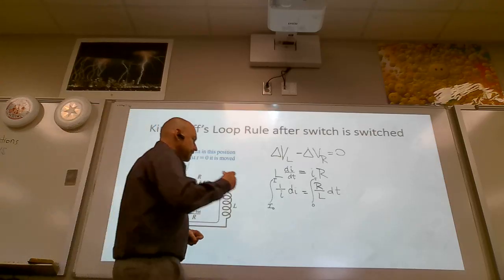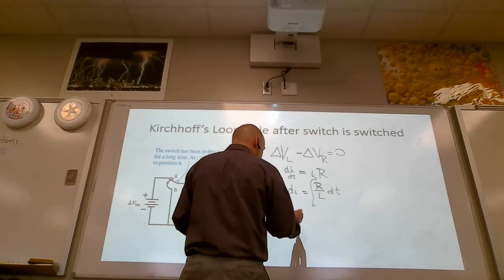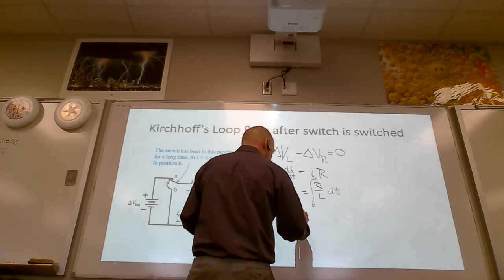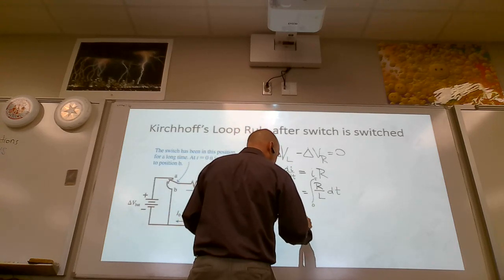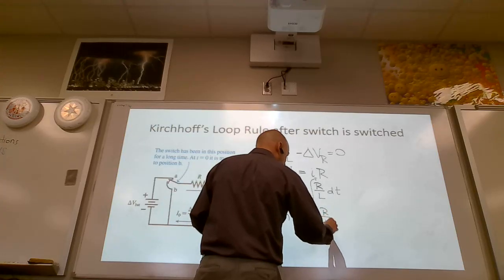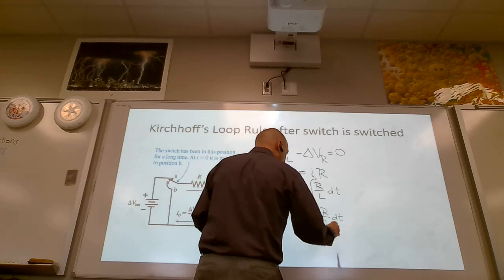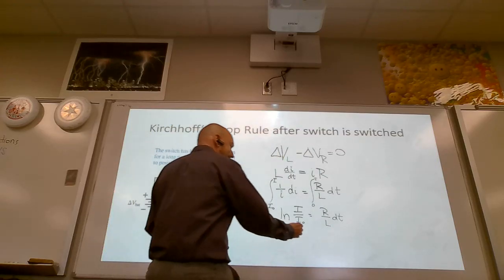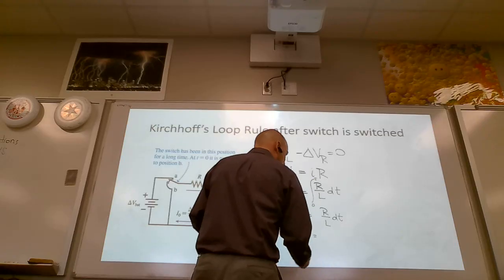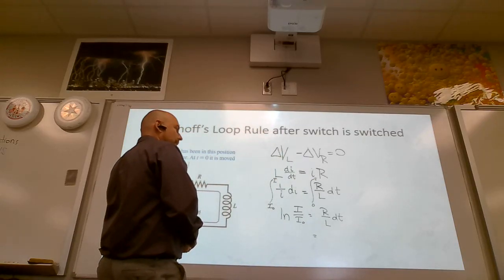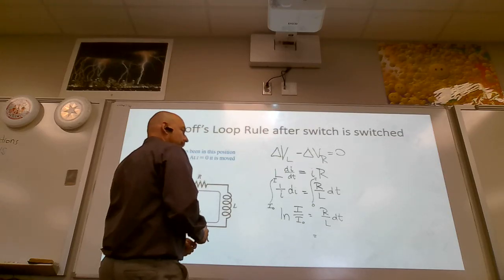So you get the natural log of I over I naught equals R over L t. I feel like there's a negative. Where's my negative? Should it be R over L t? Yep, it should.